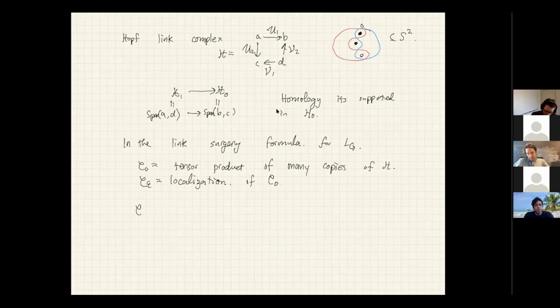But this actually means that C0 and actually each C epsilon, focusing on this link L_G, actually has a filtration, or a description as, let's say, C_L epsilon to C_{L-1} epsilon through C epsilon 0.